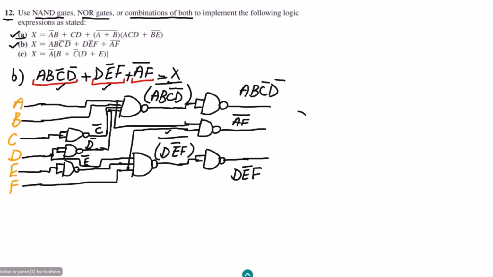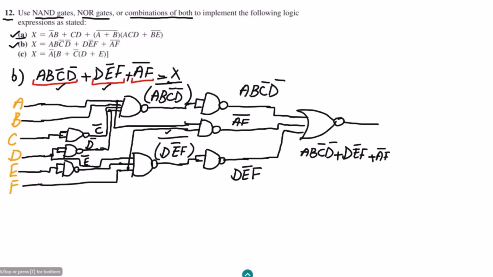So therefore let me use the NOR gate, because I cannot use anything other than NAND and NOR gates. Let me use the 3 input NOR gate, and to it let me apply the inputs. At the output of it, I will get A B C complement D complement plus D E complement F plus A F whole complement, and the whole complement of it. I have to remove this whole complement, so let me use another NOR gate.